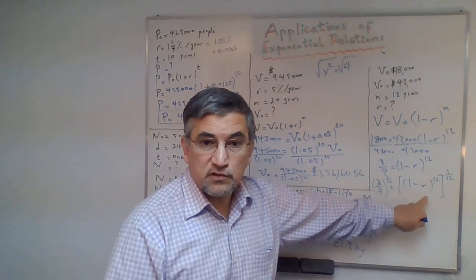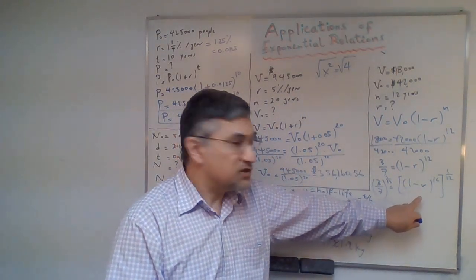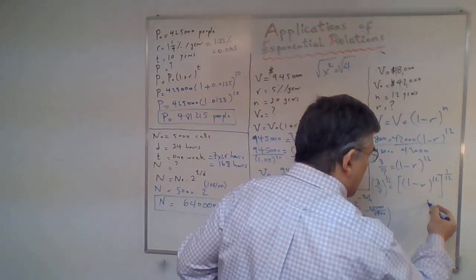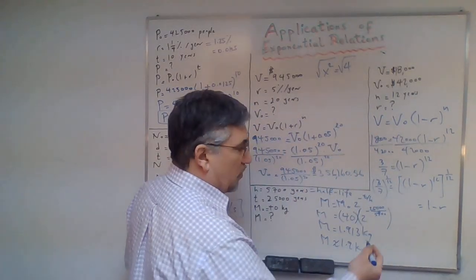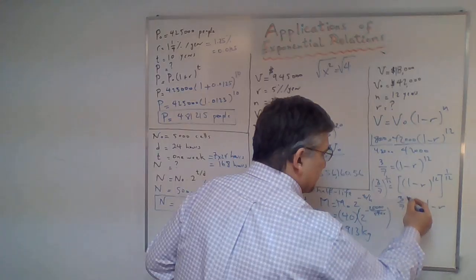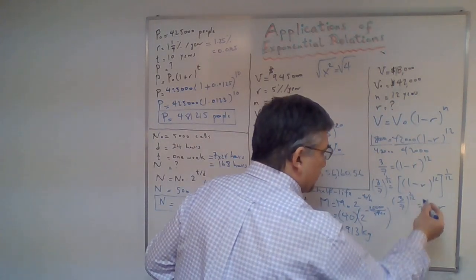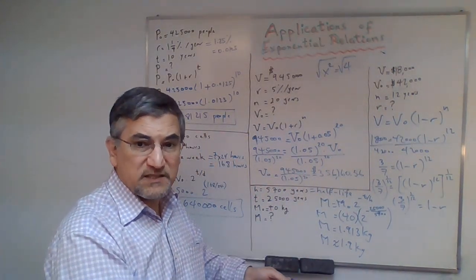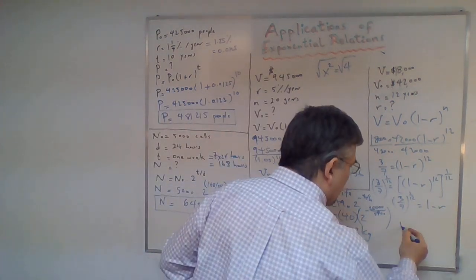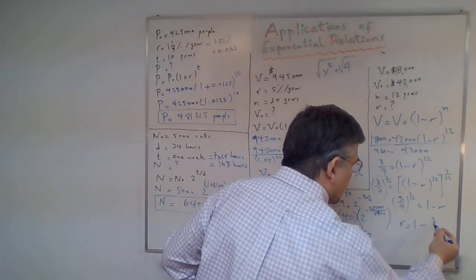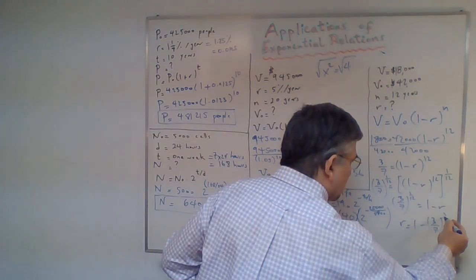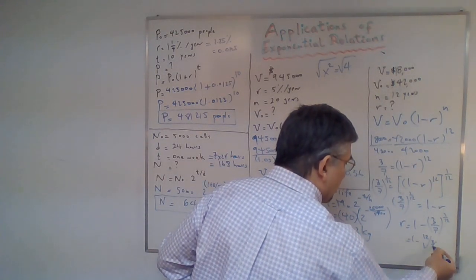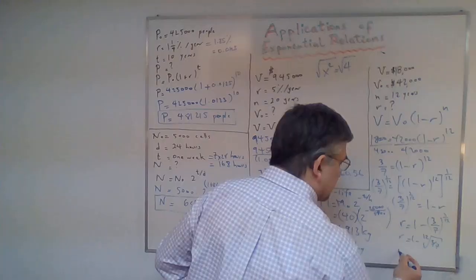Using the exponent laws that we have learned and mastered, you multiply the exponents, and it becomes 1. So we have 1 minus r equals (3/7) to the exponent of 1/12, which is the same as the 12th root of 3/7. So solving for r, we get 1 minus (3/7) to the exponent of 1/12, or we can say the 12th root of the fraction 3/7.